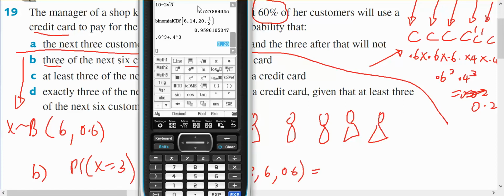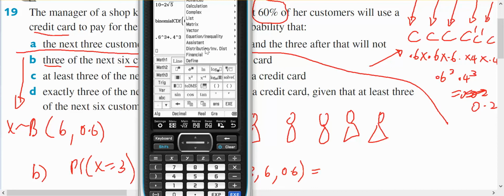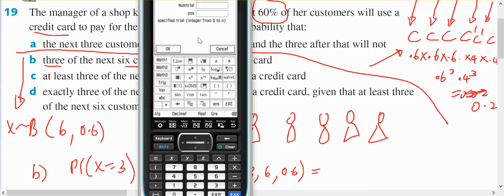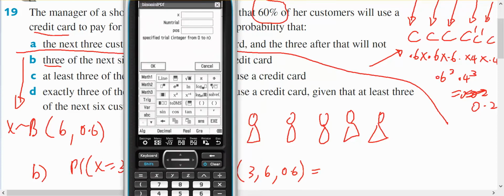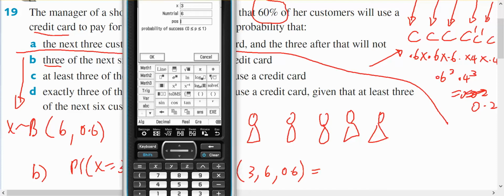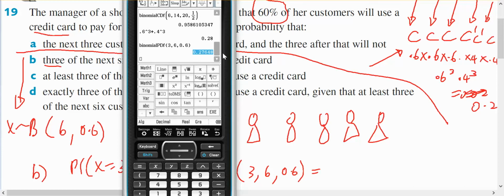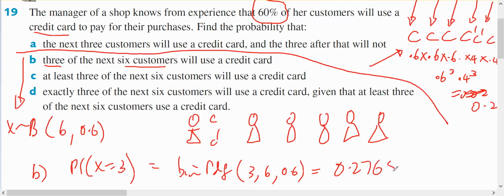I'll get that probability by going interactive, distribution, discrete, binomial PDF, where x equals 3, n equals 6, p equals 0.6, and I get an answer of 0.2765.